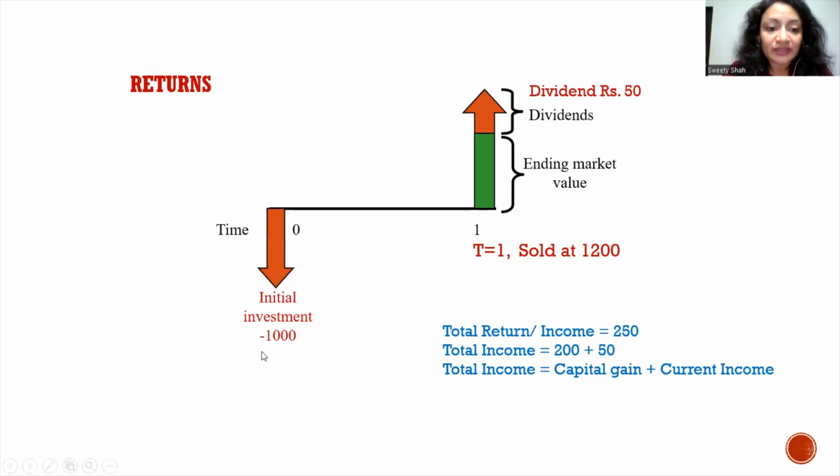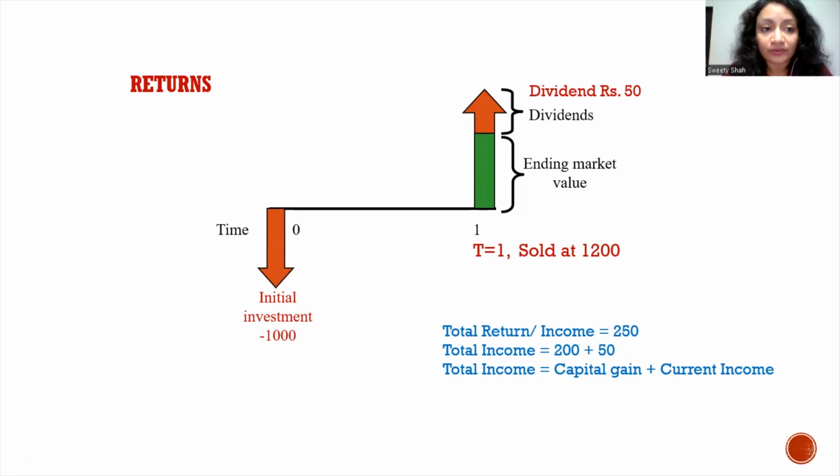Let's look at one example. You are investing 1000 rupees in a certain investment and your holding period is 1 year. After 1 year, you are selling that stock or your investment at 1200, which is a value higher than your initial investment. At the same point of time, over this 1 year period, you are also receiving a dividend amount of 50 rupees.